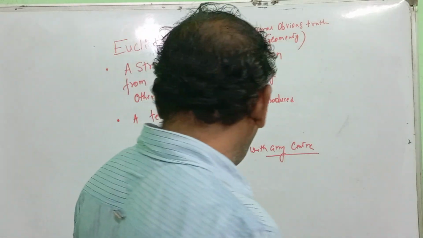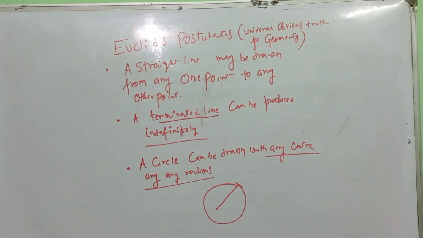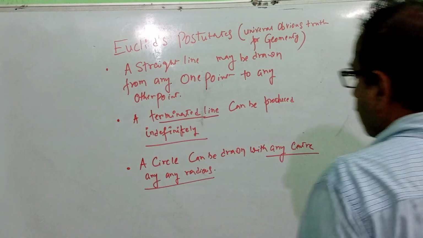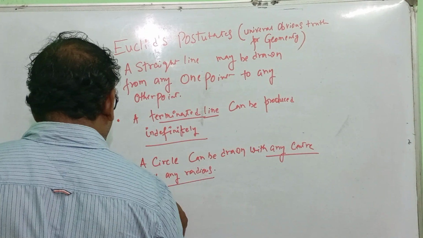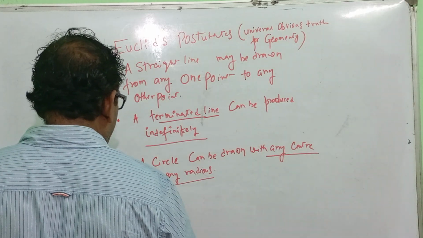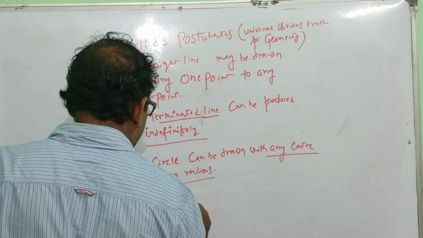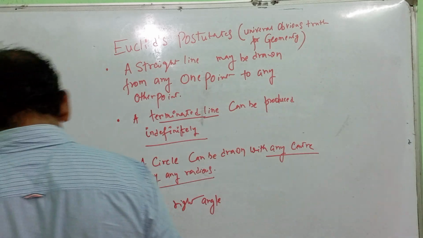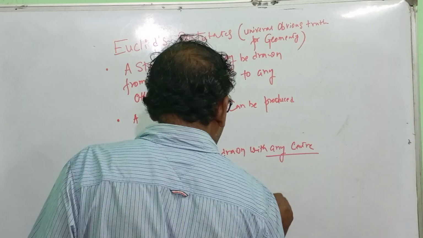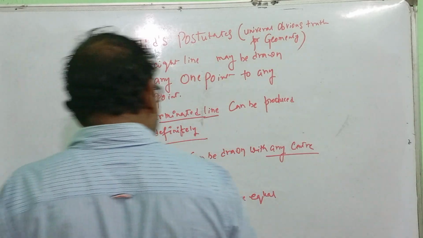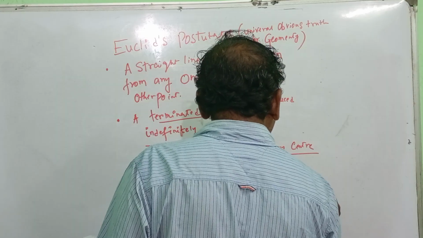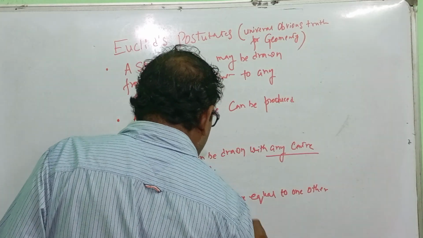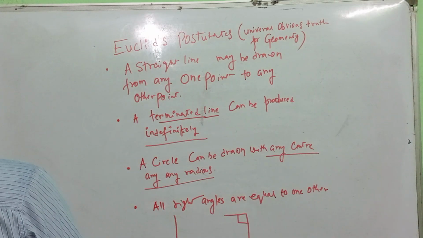Then number 4: all right angles are equal to one another. That means if this is a right angle and this is a right angle, they are equal to one another.